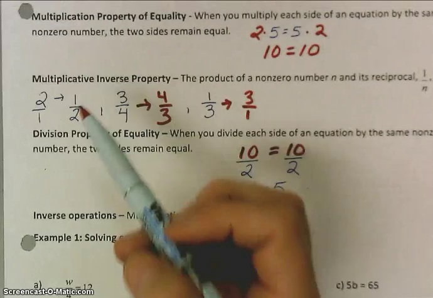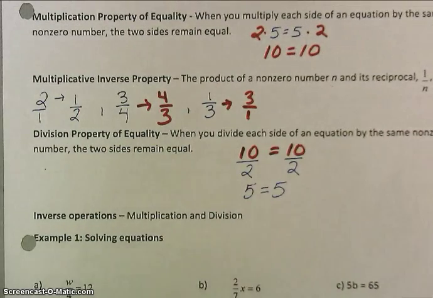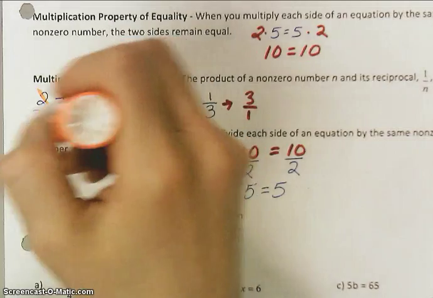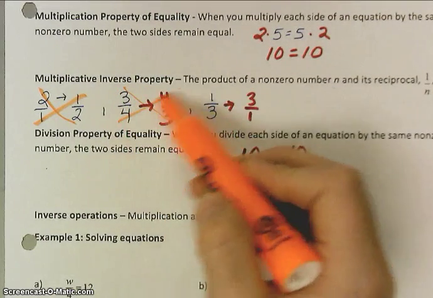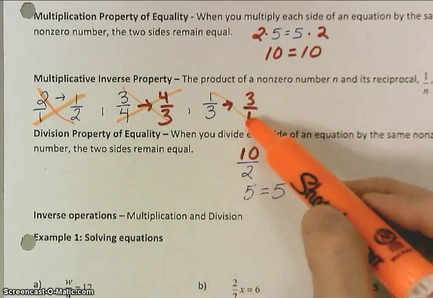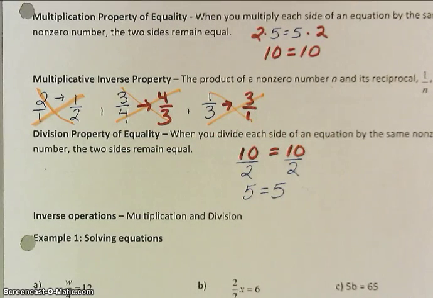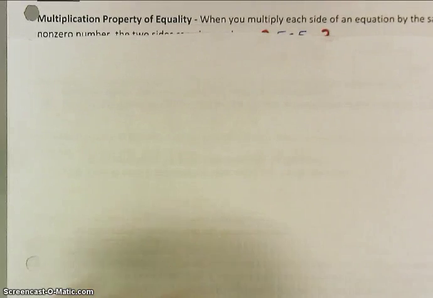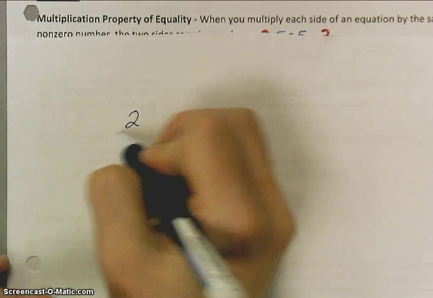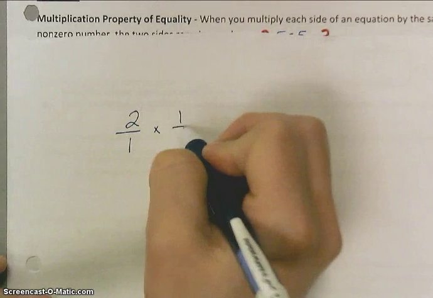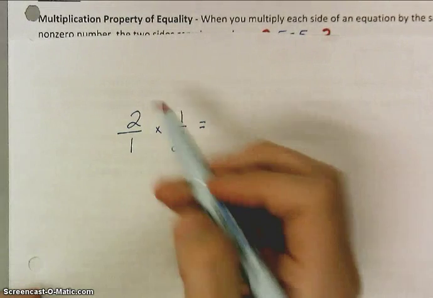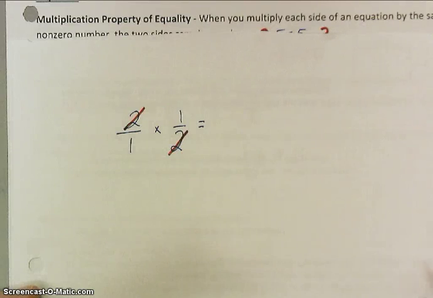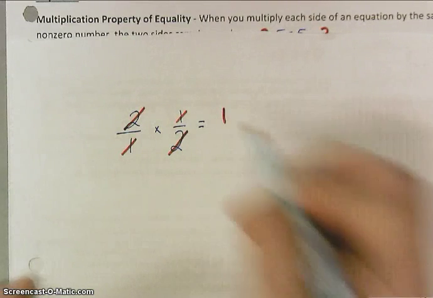If you look at these, all of the diagonals are the same. Here's 3 and 3, and 4 and 4, and 1 and 1, and 3 and 3. So when I go to multiply them, if I have 2 over 1 times 1 over 2, if you remember anything from our fraction unit, I can cross cancel 2 and 2 and 1 and 1, and my answer is 1.